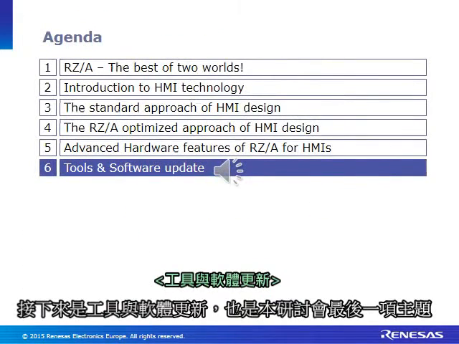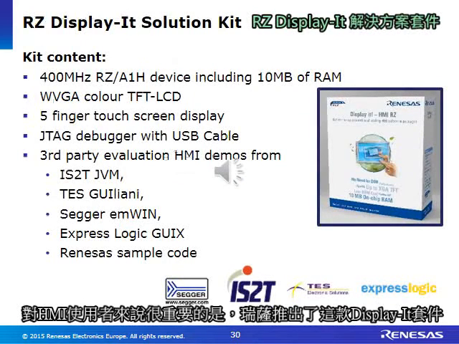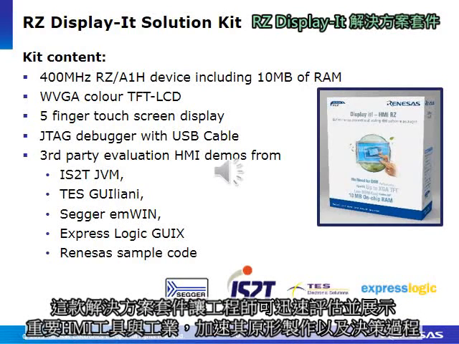We are now coming to the final section of this presentation, which is an update on tools and software. Very importantly for HMI customers, we have just released the Display Kit. So this solution kit enables engineers to quickly evaluate and demonstrate the leading HMI tools in the industry, accelerating their prototyping and decision-making process.